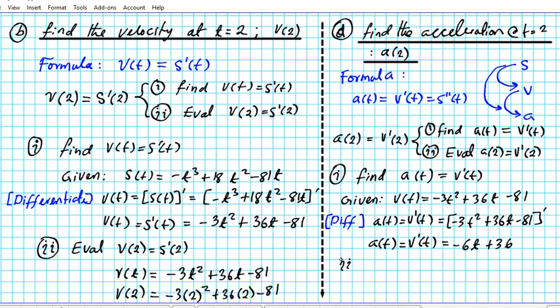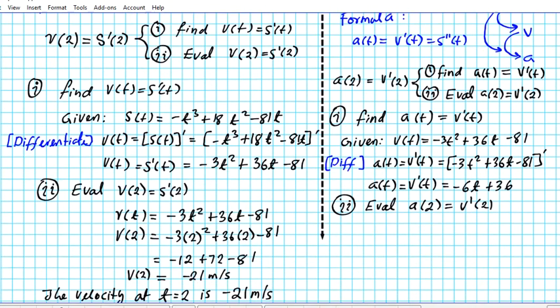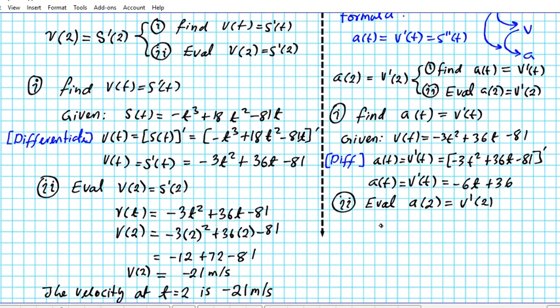The next step is the evaluation step. It's the algebra step. We want to evaluate the acceleration at 2, which is the same thing as v prime of 2. We know the acceleration is negative 6t plus 36, so we evaluate it at 2. Simply plug 2 into the acceleration function, and then use order of operations.